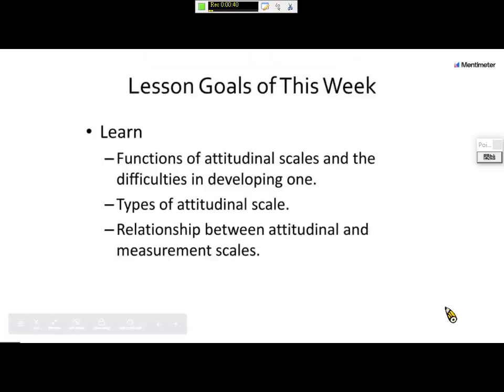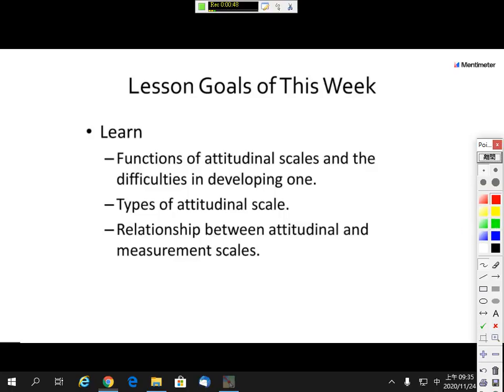So next, these are our lesson goals for today. Basically, the first one is to learn the functions of attitudinal scales and the difficulty in developing them. Remember, it's not easy to have scales that can be used to collect data for you, so you need to pay a lot of attention.